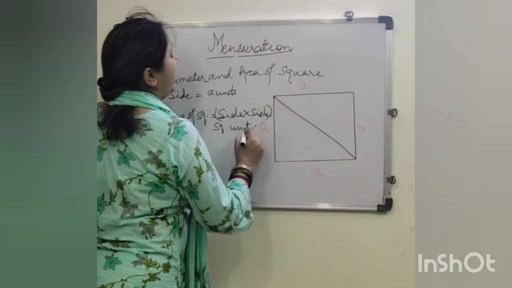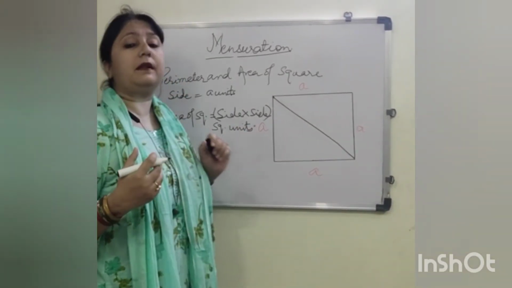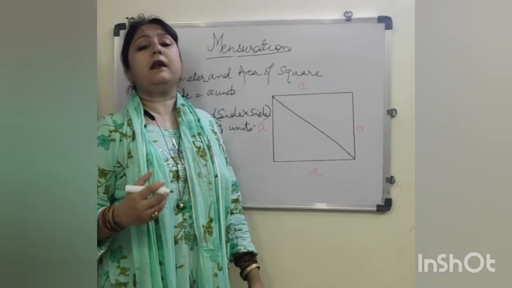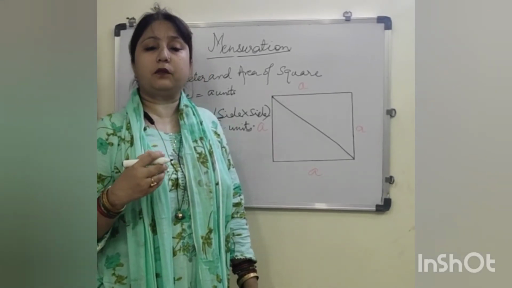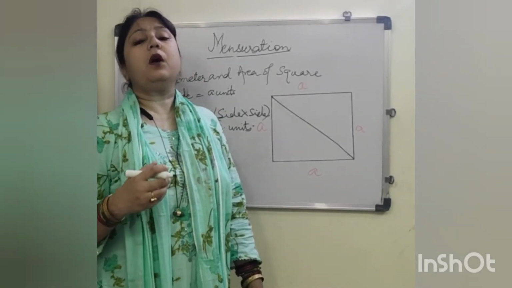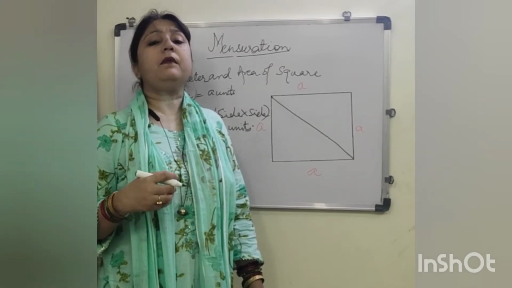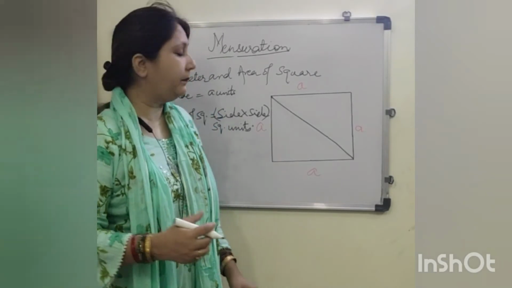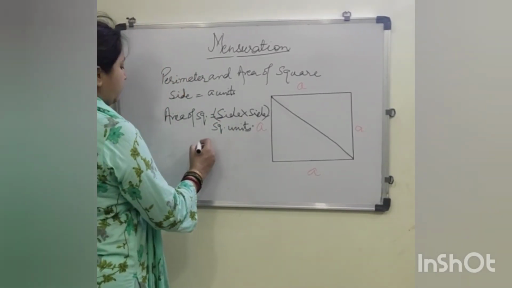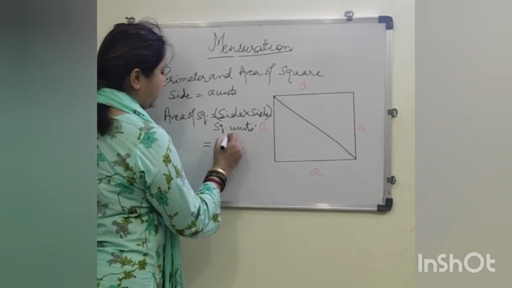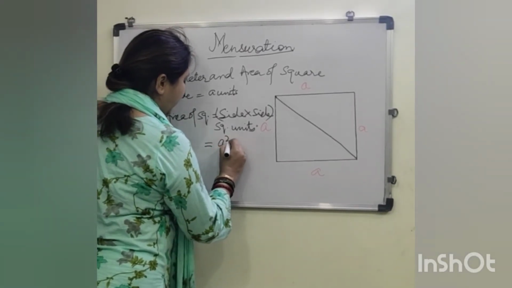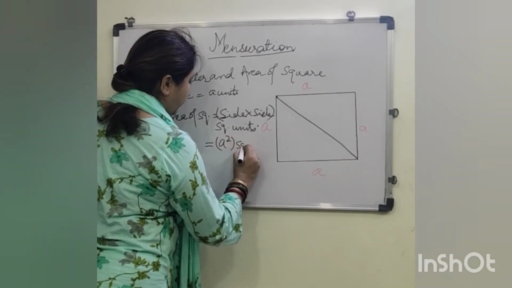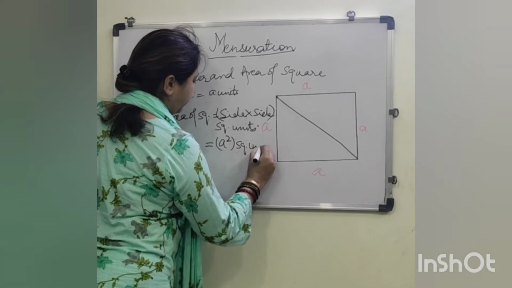That means if side is given in centimeter, then it will be square centimeter. If it is given in meter, then square meter, or meter square we say. If it is given in millimeter, then we say millimeter square. So it is equal to, as our side is a, this becomes a square units.